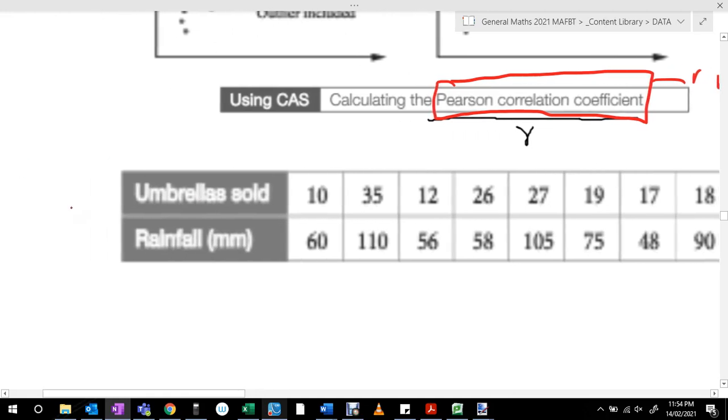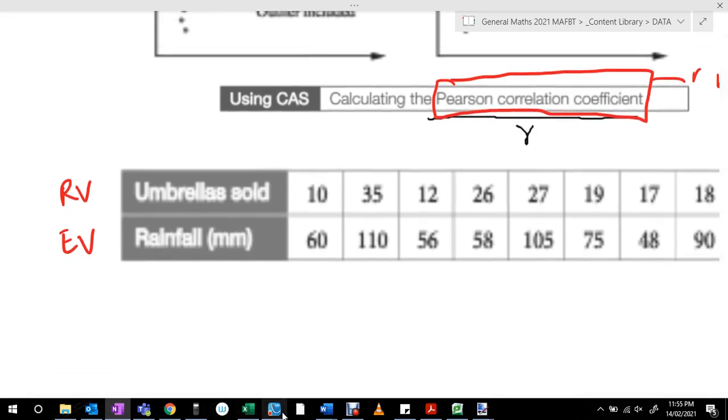Obviously the rainfall should determine, so it explains the umbrellas. You could also say that the effect of rainfall, the cause, is umbrellas sold. So cause and effect is another way you could think of it. But in this case, the EV, rainfall, causes the RV to change.